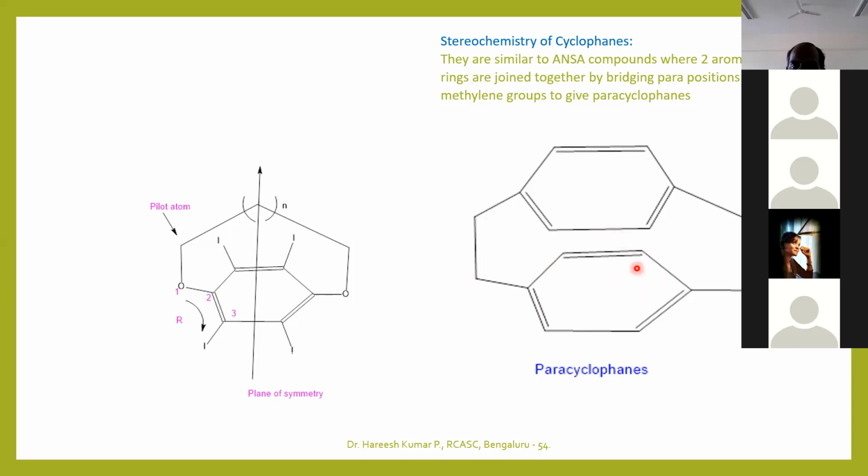Of course, this one will have a plane of symmetry, so this kind of compound does not exhibit optical activity. But if there is a substituent, at least one ring should have a substituent, and such cyclophanes exhibit optical activity.